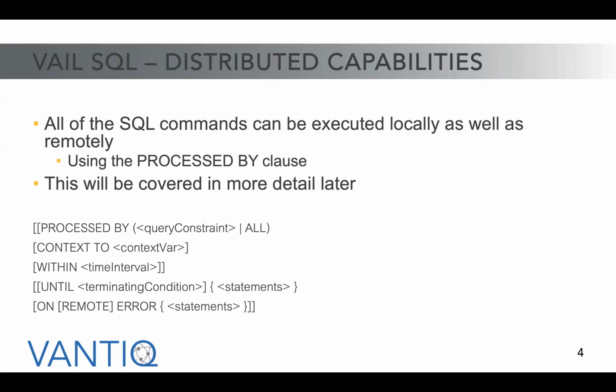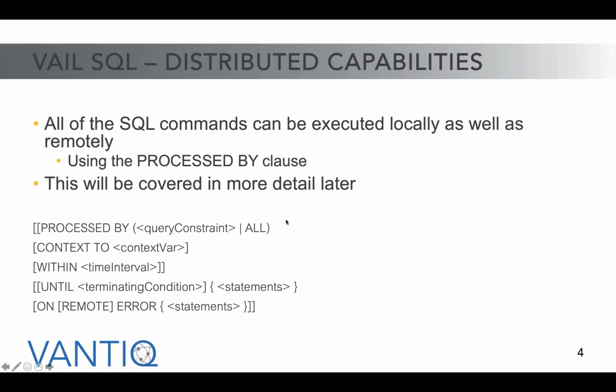If you want to run a procedure or you want to do a select on types that are distributed along many Vantiq nodes, you could do a process by, and Vantiq looks at all the connected nodes, sends that select statement or the execute statement, and all those that match this query process your select or your execute command, and then return the value to the originating node.